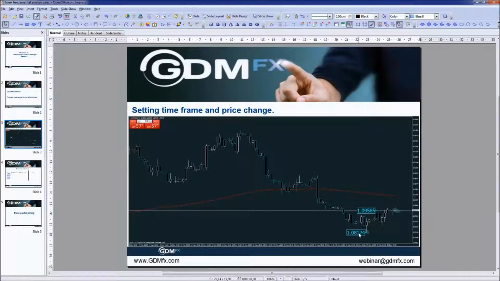As I mentioned, the easiest way to measure the price change, as everybody already knows, is by using the crosshair. But the rule of this measurement is to go from the lowest point where you want to start measuring your price change, and it's clearly obvious that the euro made a bottom here on this large shadow.